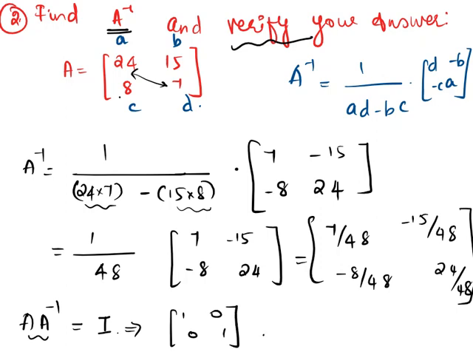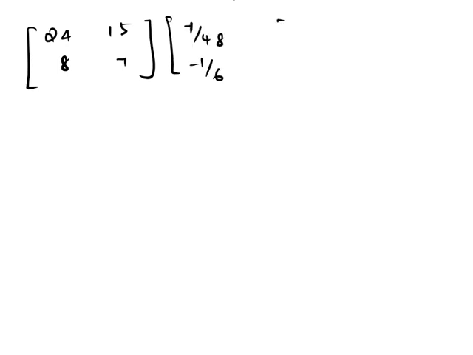So let us find this verification as well. Let us write A, that is 24, 8, 15, 7, and here A inverse is 7 by 48, minus 1 by 6, minus 15 by 48, and here it is 1 by 2.